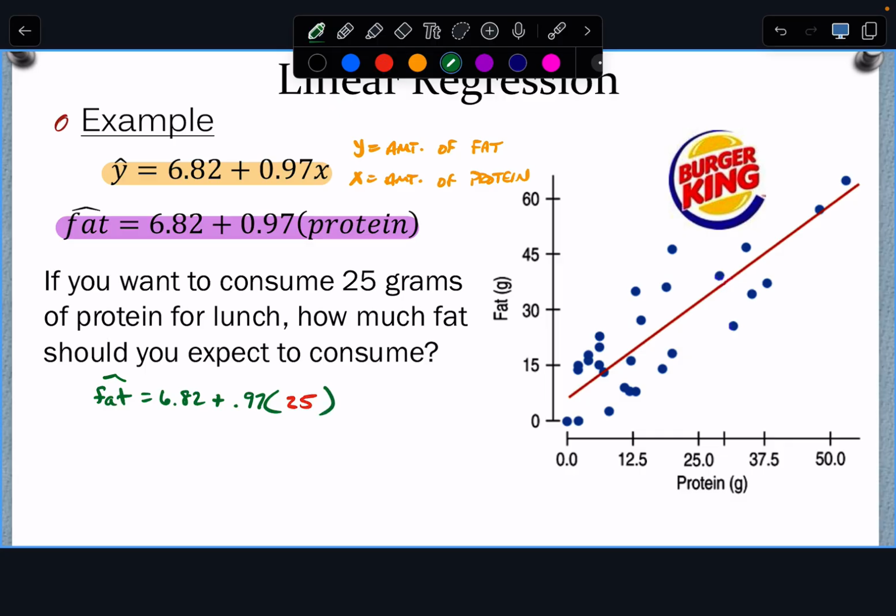They gave me the amount of protein. That was my x variable. So I plug in the 25 grams for protein. I would then plug this in my calculator. And I believe if you work this out, you get about 31.07 grams.